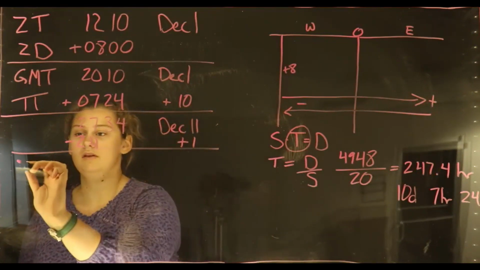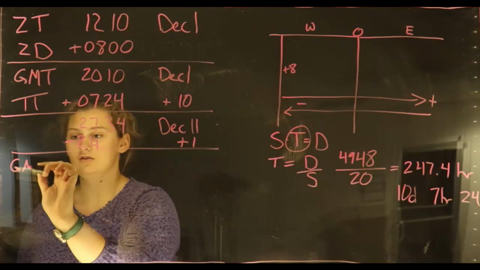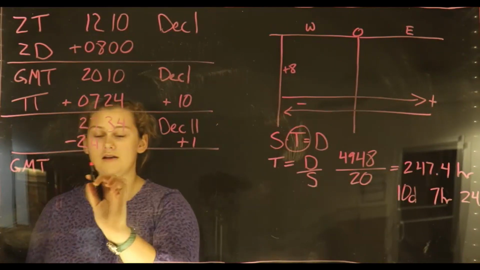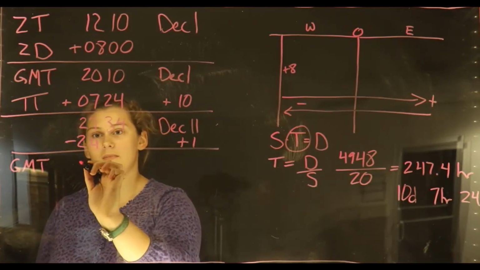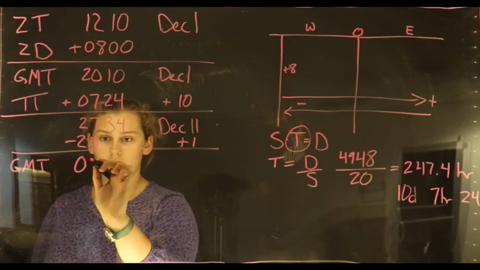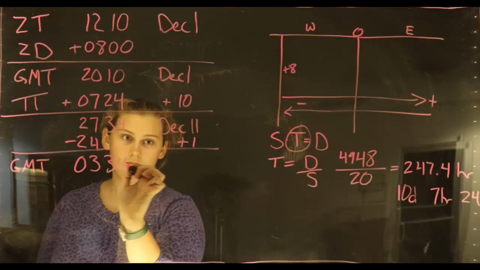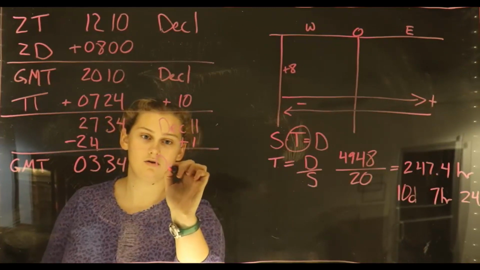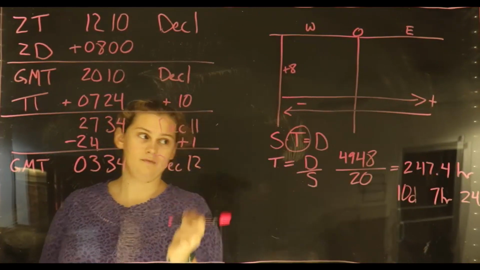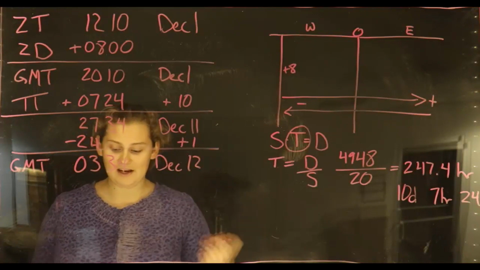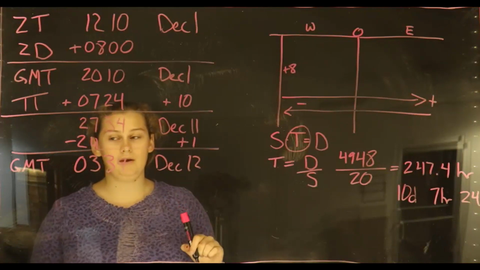So this will equal a GMT, as we said earlier, Greenwich Mean Time, of 03:34 on December 12th.